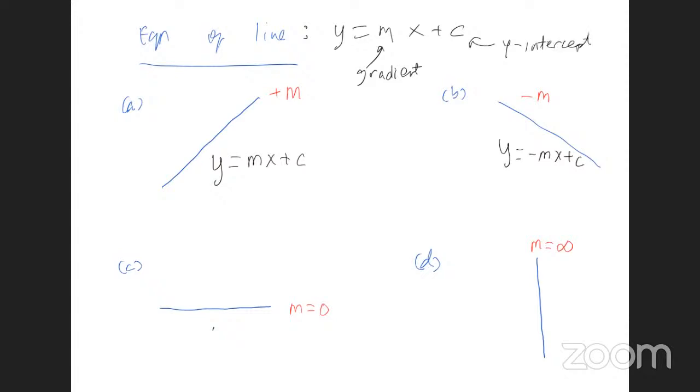Yeah, y equals c, correct, because it has no gradient. Y equals c. How about the next one? What about D?